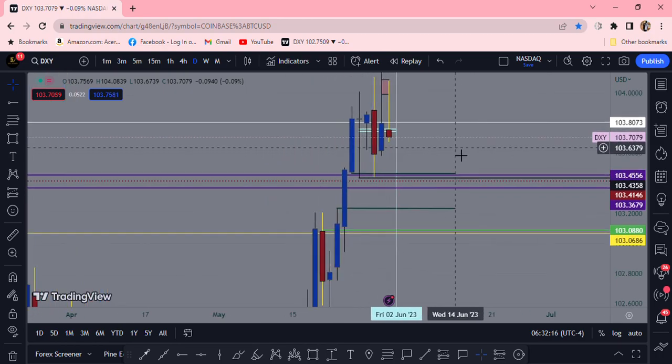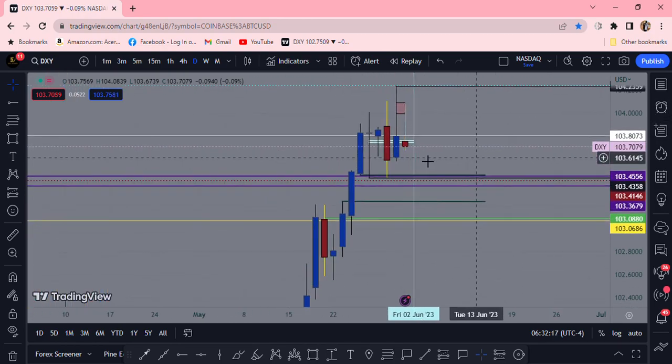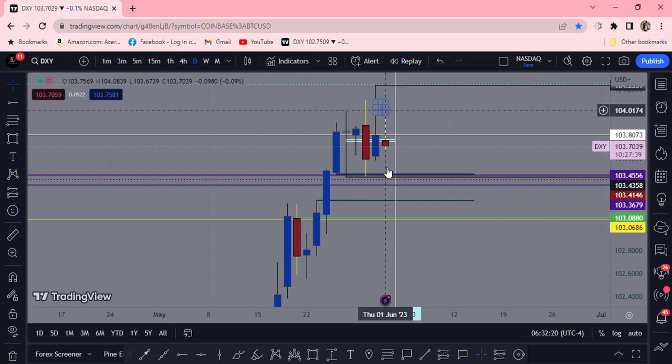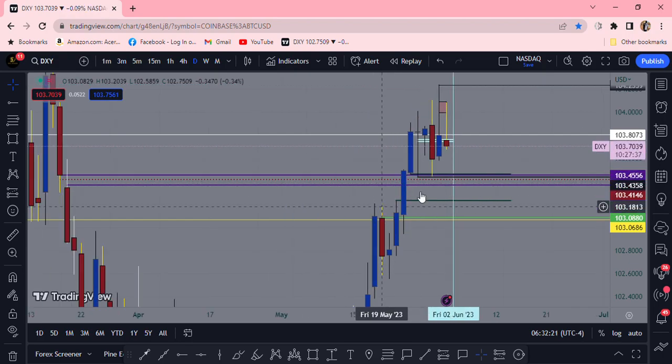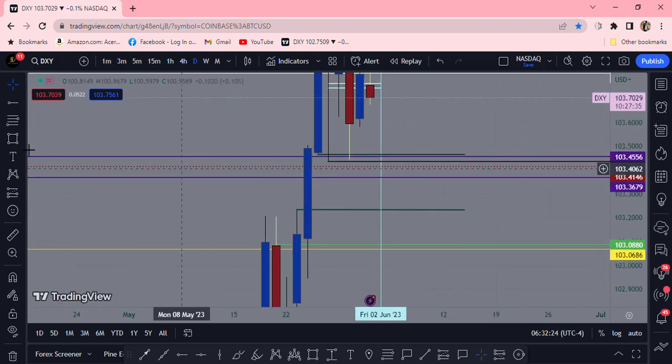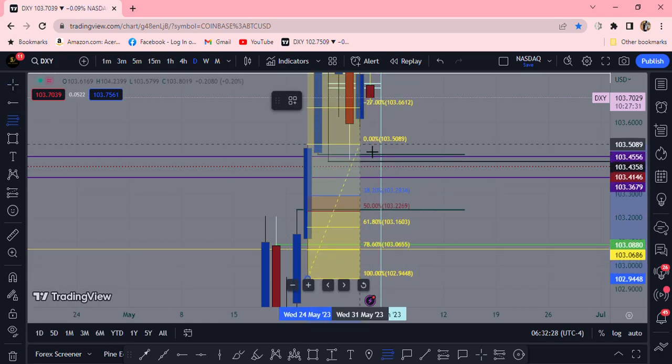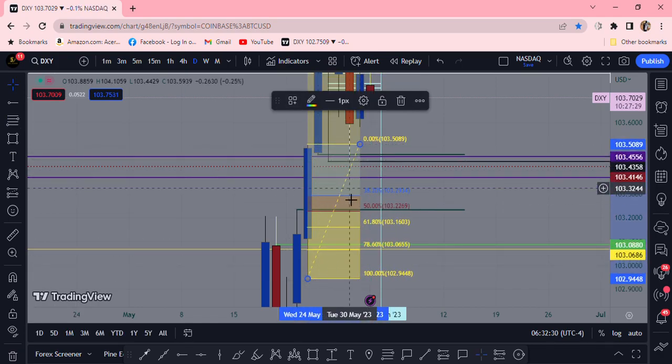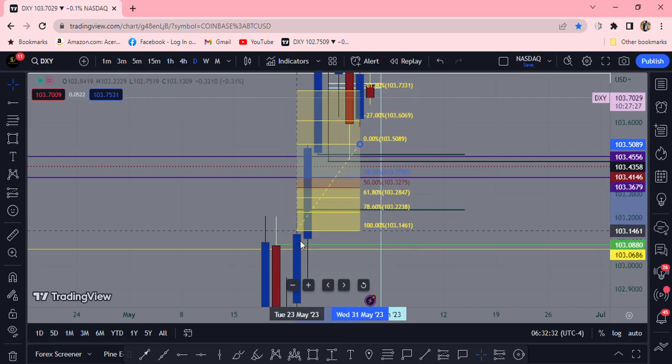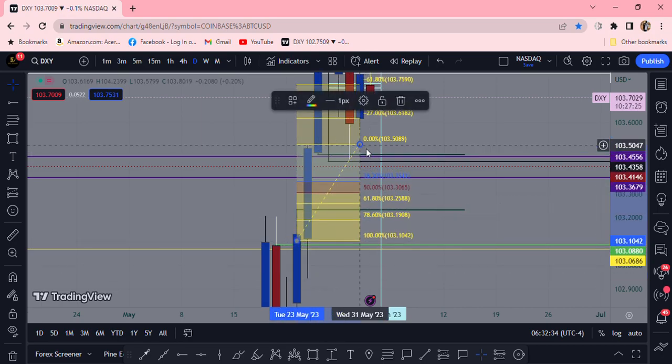So I'm actually anticipating the dollar to do a reversal back to this imbalance. We measure the retracement into this imbalance, or you can just measure the body, because the body tells more stories.